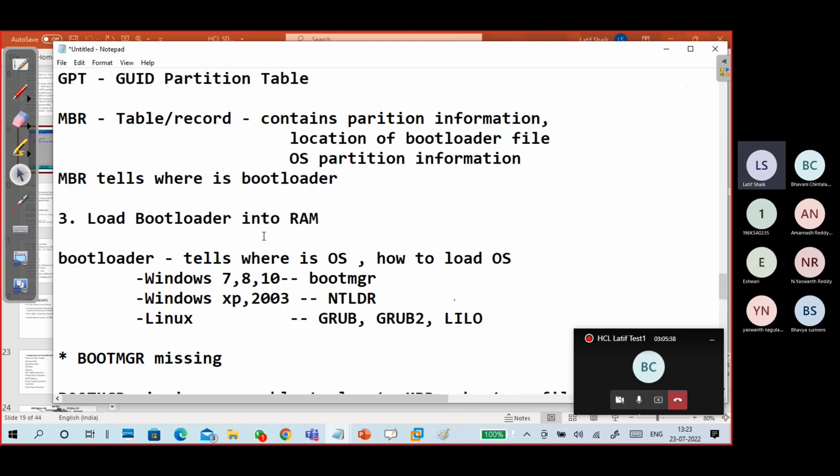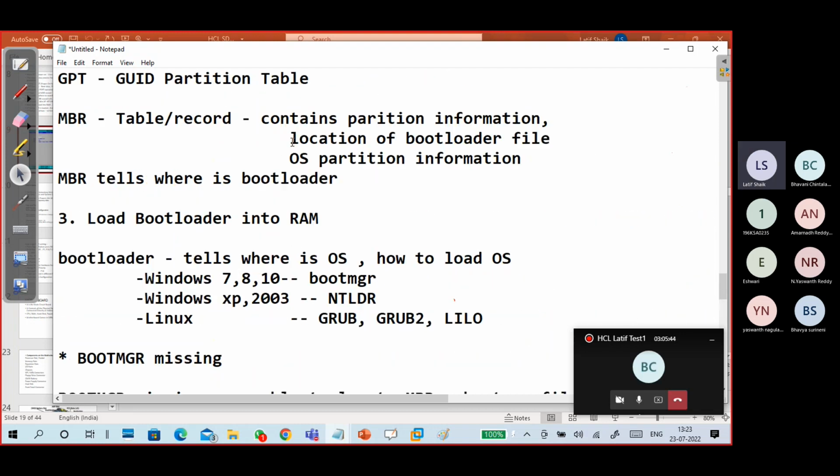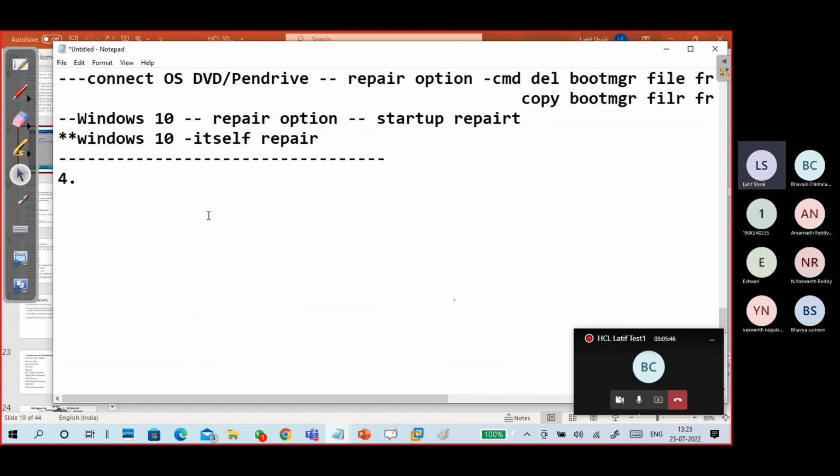Okay. Next, the third part is completed. Fourth part: now the OS is loaded. The fourth part is automatic. OS loaded, no problems means no problem.